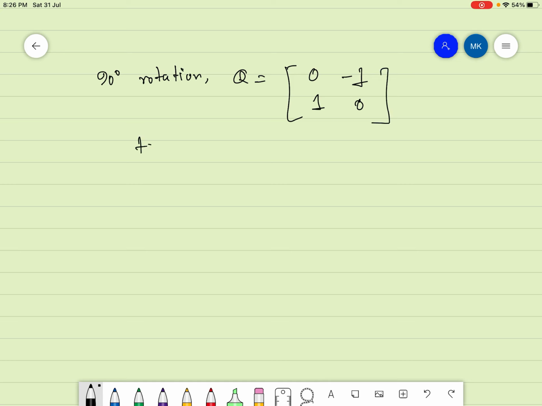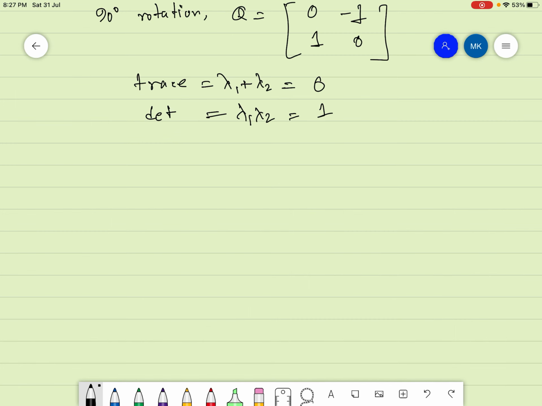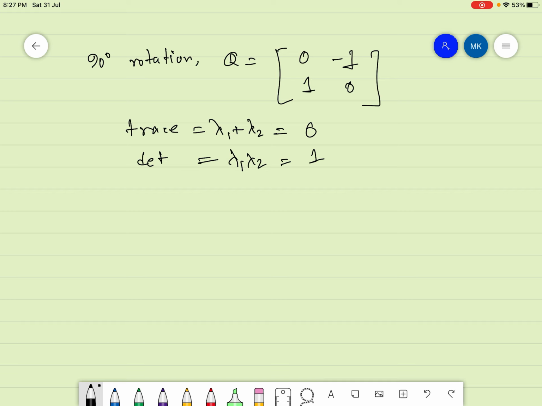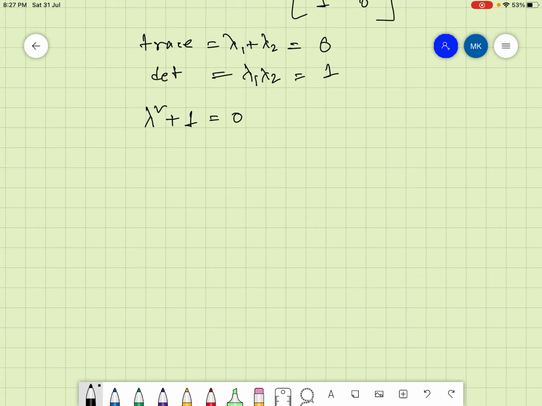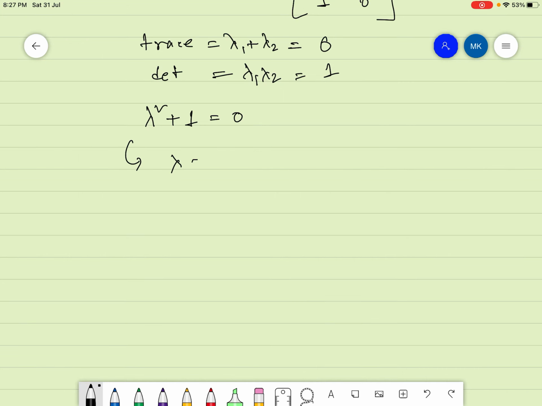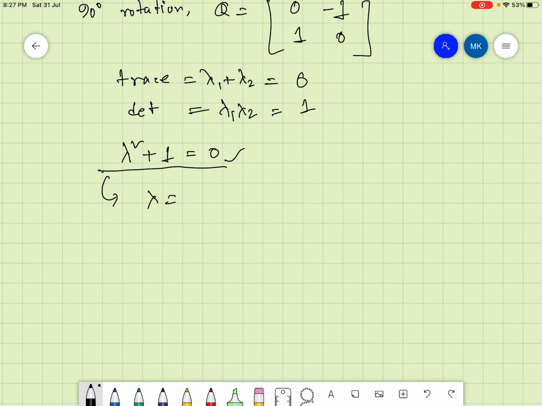In this case the trace, which is lambda 1 plus lambda 2, is 0, and the determinant, lambda 1 times lambda 2, is 1. So by applying the formula, the equation would be lambda squared plus 1 equals 0.